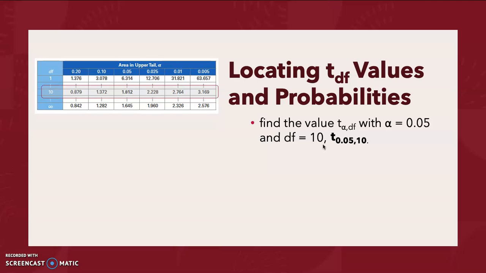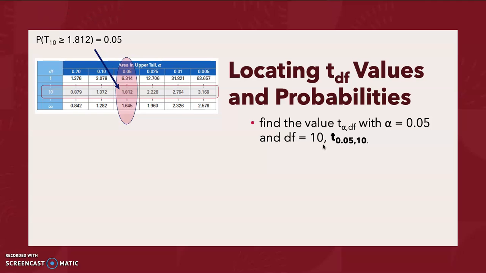Using the table, we look at the first column labeled df and find the row 10. We then continue along this row until we reach the column alpha equals 0.05.